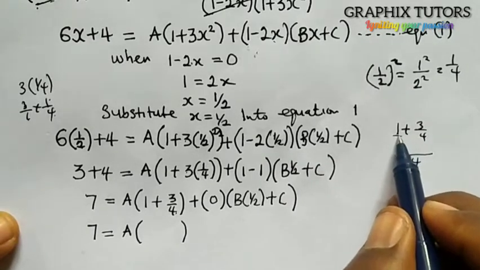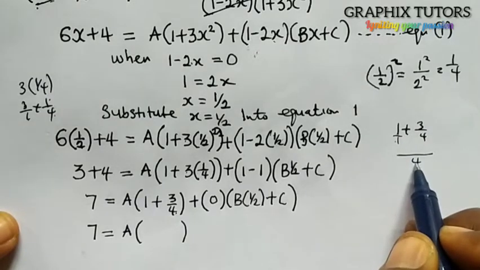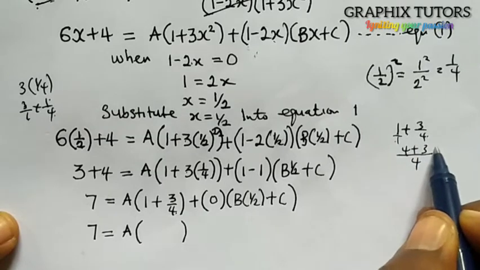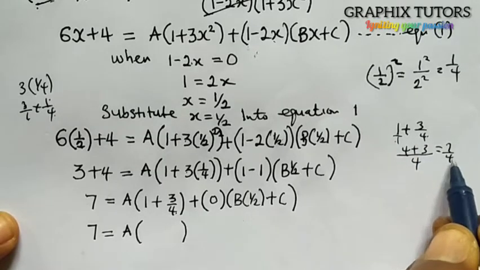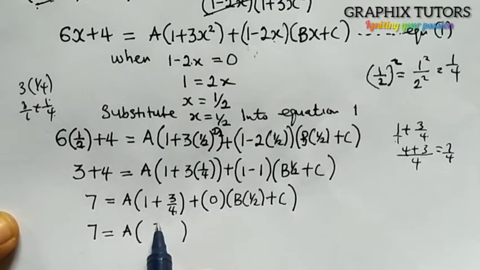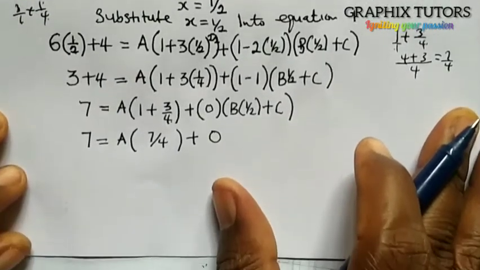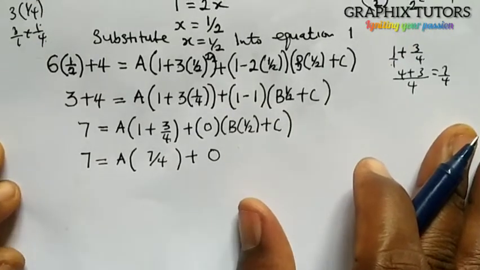And this is like saying 1 over 1. 1 in 4 is 4, 4 times 1 is 4, plus 4 in 4 is 1, 1 times 3 is 3. We're having 7 over 4. So here we'll be having 7 all over 4. Plus, this is 0, multiplied by everything will give you 0.